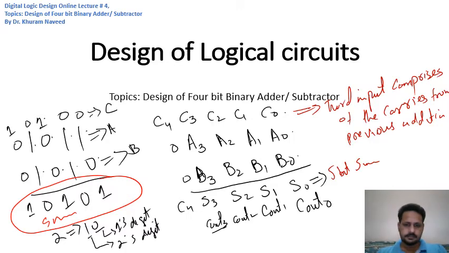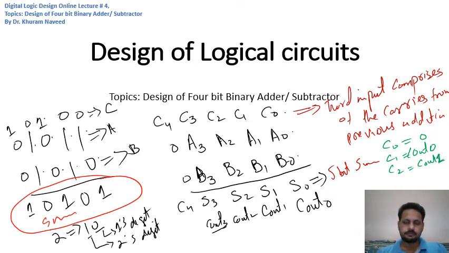this C0 will be 0 no matter what, and C1 will be equal to C out 1, C2 will be equal to C out 2. That is because, sorry, this will be C out 0 and this will be C out 1.